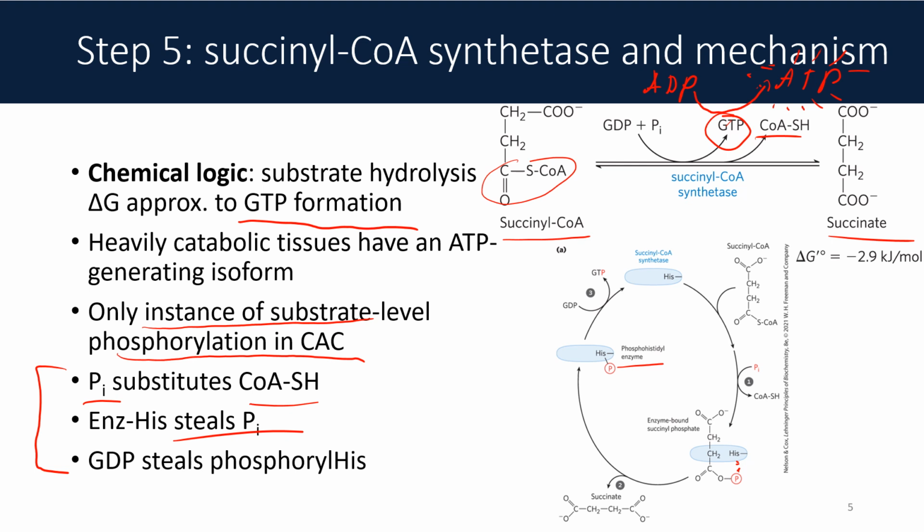And it would be such a shame if we just hydrolyzed it with water. What if we employed GDP to pick it up instead? And that will, of course, leave us with GTP. So GDP steals that phosphate off of that histidine, and then we can go on our merry way, repeating the enzyme cycle.